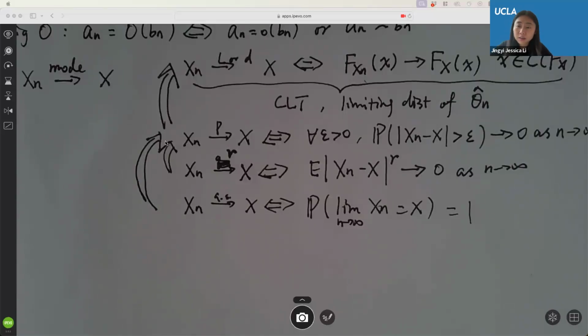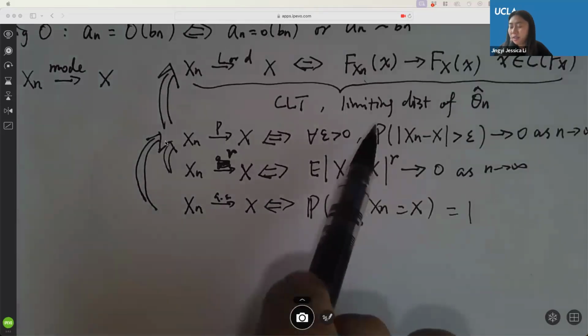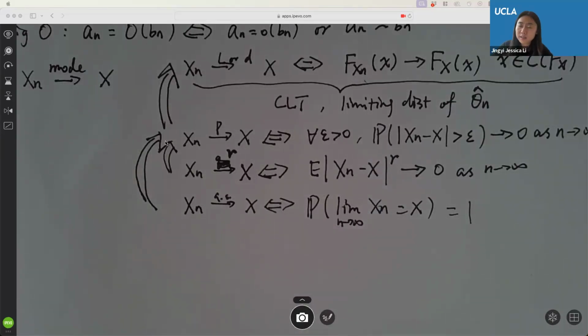If you can derive that for a statistic, and if you think the limiting distribution is a very good approximation, then you can use that to get your confidence interval for the parameter, or convert your statistic into a p-value under hypothesis testing. These are the things you can do. And it will be useful if you just want to be fast, because using the limiting distribution doesn't require any additional computation.